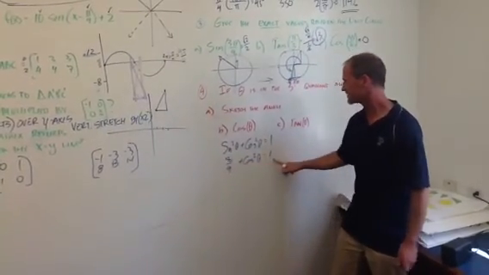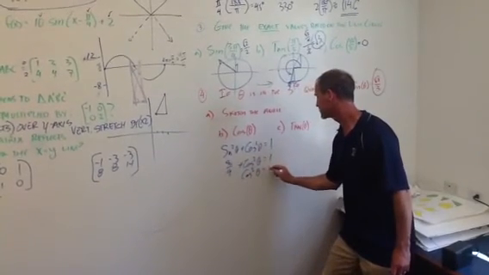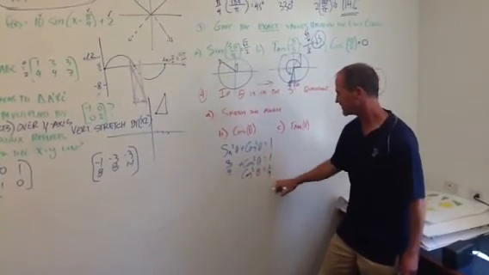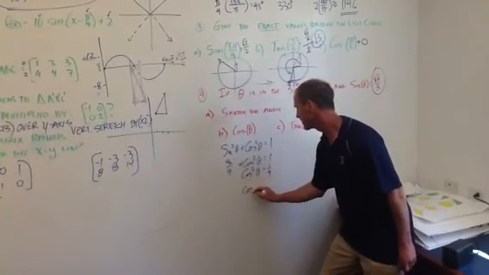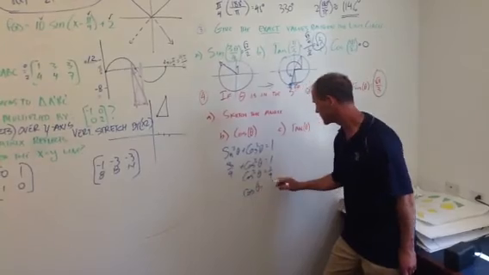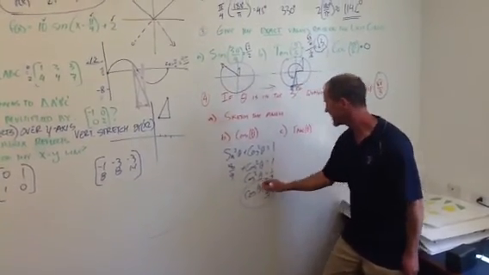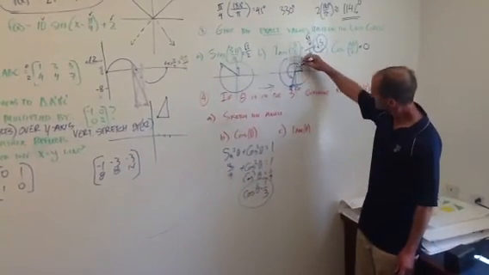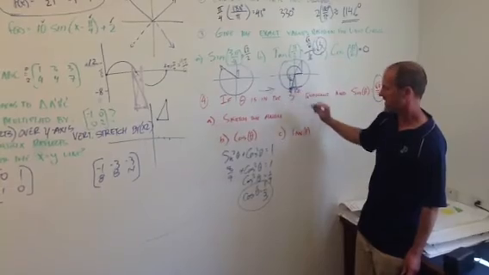So when I subtract this from both sides, I get cosine squared of theta is equal to 1/9. And then all I have to do is take the square root of both sides, and I get cosine of theta is equal to, well, what's the square root of 1/9? It's exactly 1/3. So this happens to be an angle where the cosine, I would go over to about 1/3, and then I would go straight down, and I'd be at that angle.